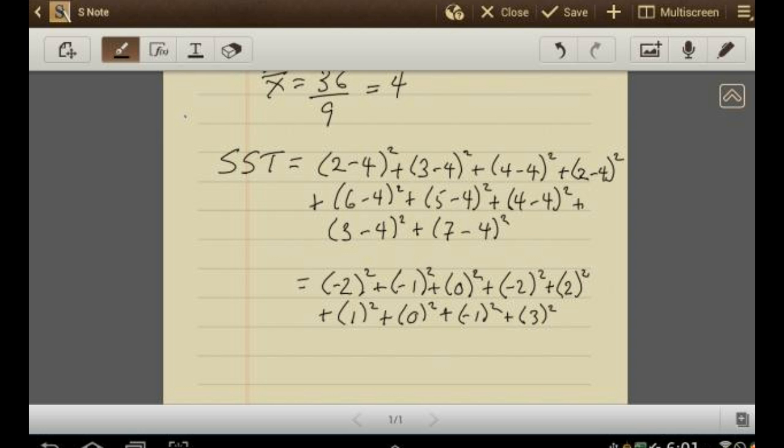And once we square it, we're going to get positive values, because minus times minus gives a plus.